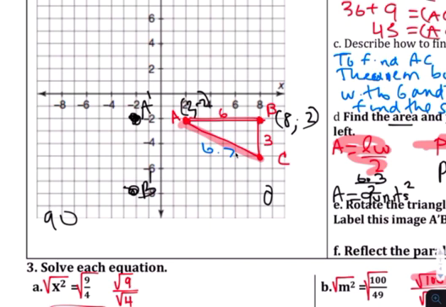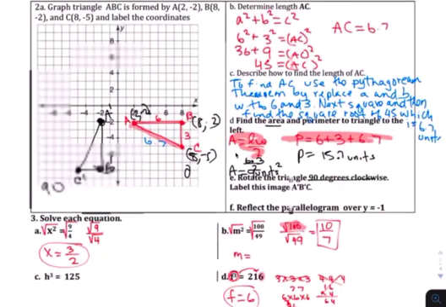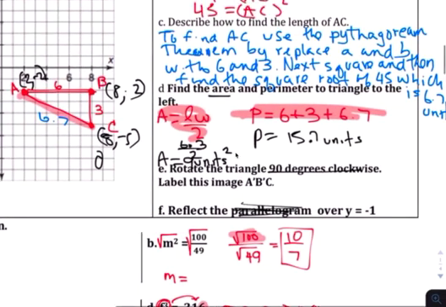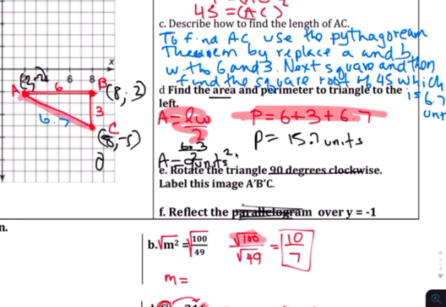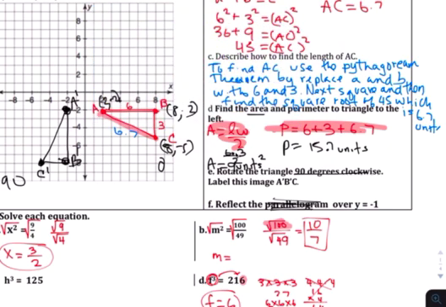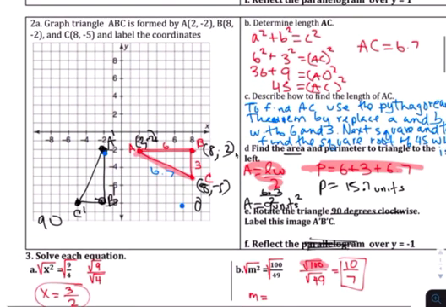And C is negative 8, negative 5, so it becomes negative 5, 8. There, connect the dots. Okay, now reflect the preimage over y equals negative 1. I'll do it in another bold color, blue. Here's y.